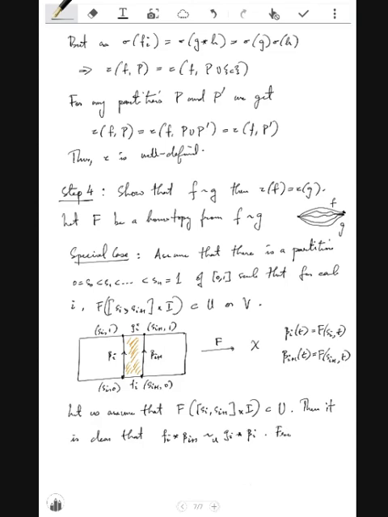From this we get that sigma of f_i times sigma of beta_{i+1} is equal to sigma of beta_i times sigma of g_i, which implies that sigma of f_i is equal to sigma of beta_i, sigma of g_i, sigma of beta_{i+1} inverse.